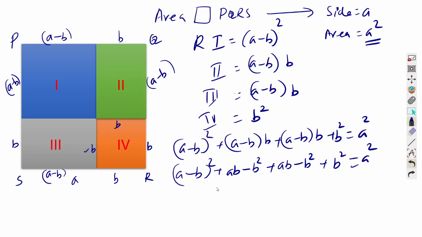If you look at this, AB minus B square, AB minus B square. These two are positive, so you can write it as A minus B whole square plus 2AB, 1AB here, 1AB here. Now what we can see, minus B square plus B square. These both get cancelled and minus B square will remain, which is equal to A square.